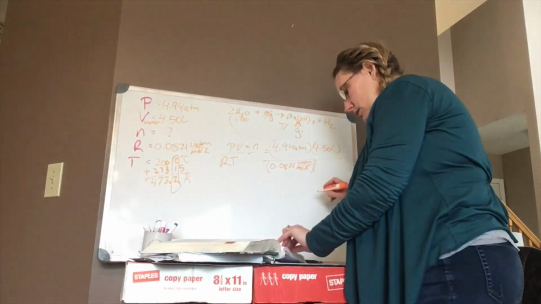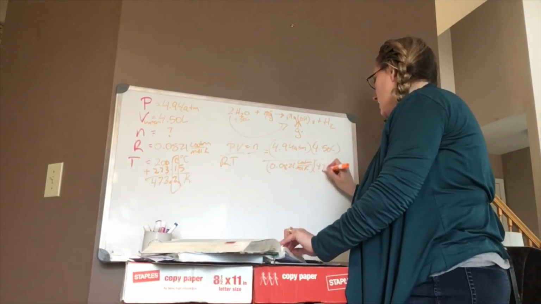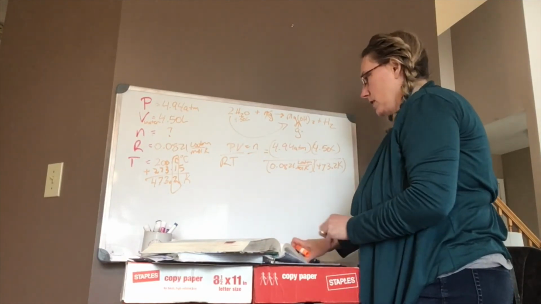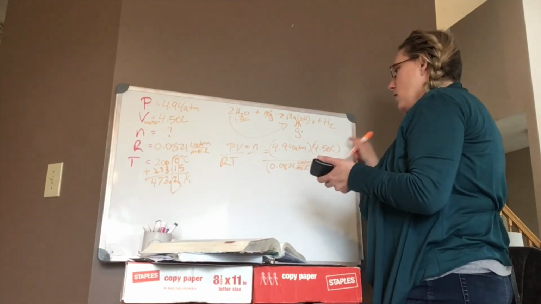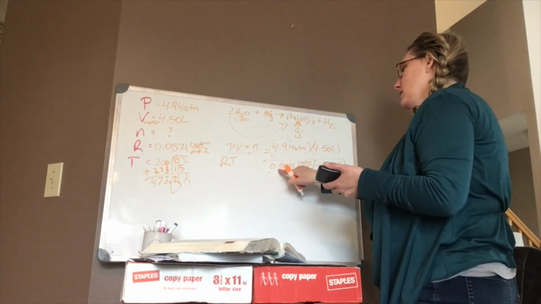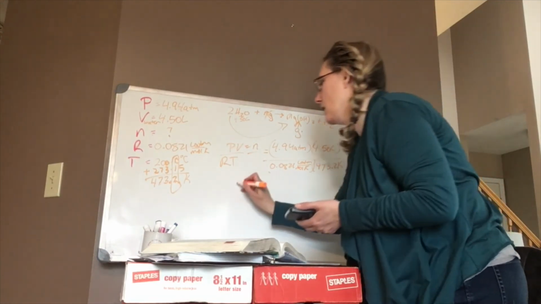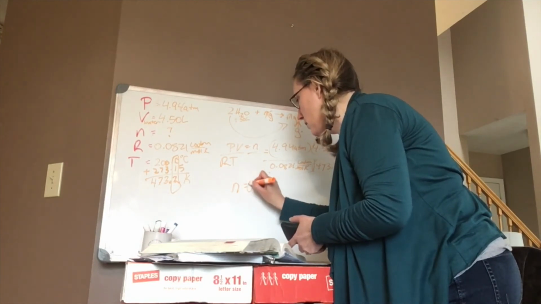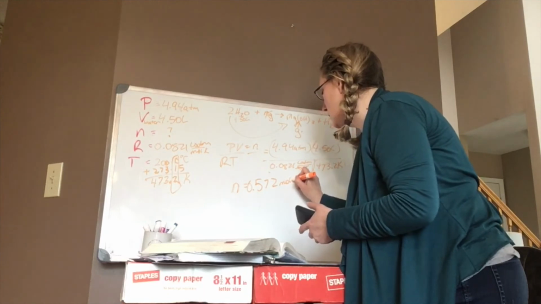All right, times 473.2 K. So you're going to put that in your calculator, 4.94 times 4.50 divided by parentheses, 0.0821 times 473 end parentheses, and I should get a number of moles at 0.572 moles.